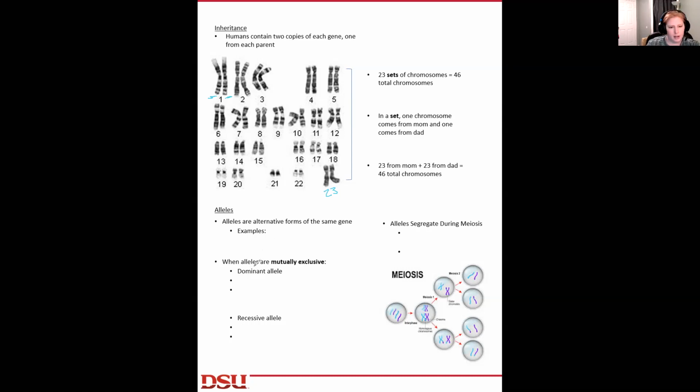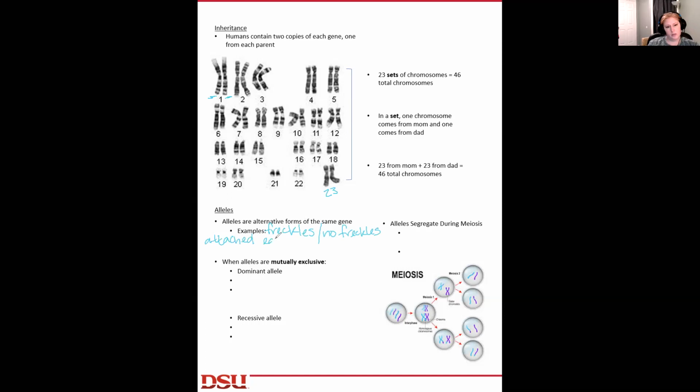All right, so let's talk about alleles and the alternative forms of the same gene. So examples, freckles versus no freckles. I'm trying to go over just some basic Mendelian ones that we'll probably talk about in more depth.